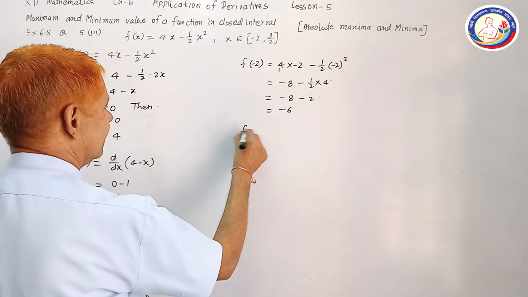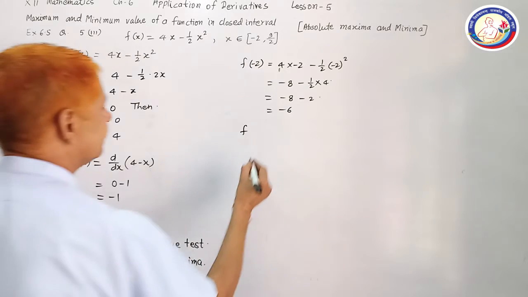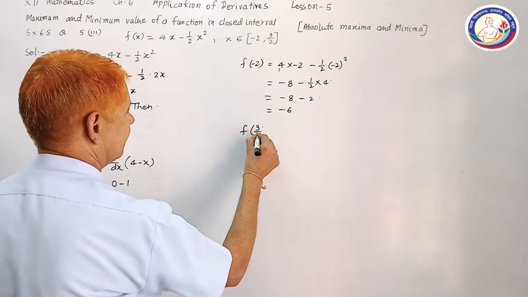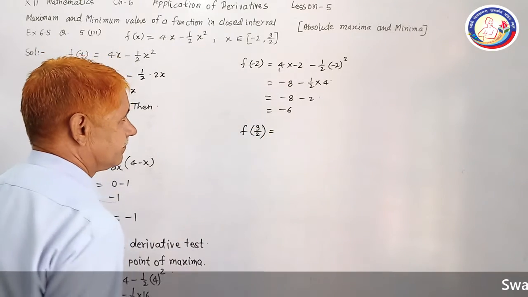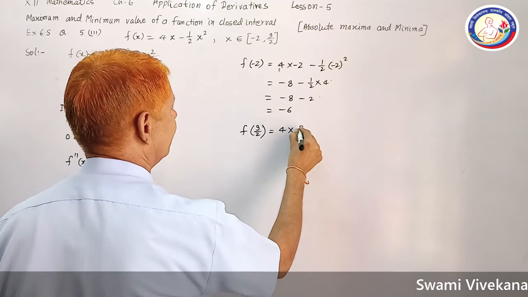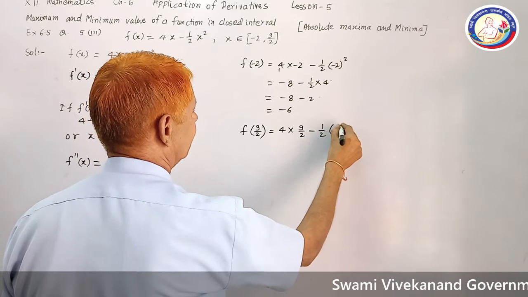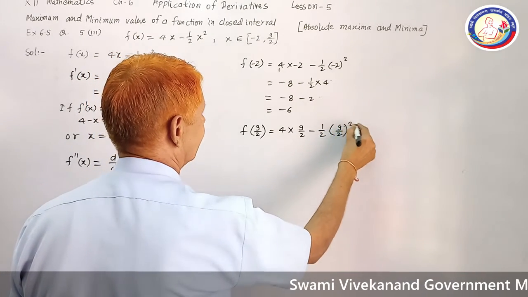Also, the value of the function at 9 by 2 is 4 into 9 by 2 minus 1 by 2 into 9 by 2 square.